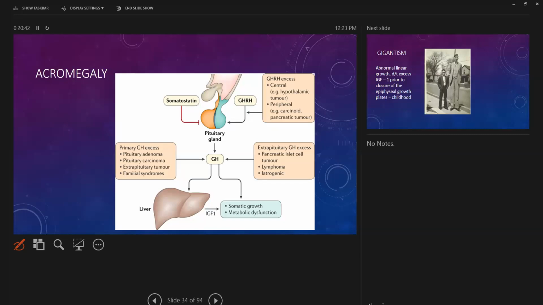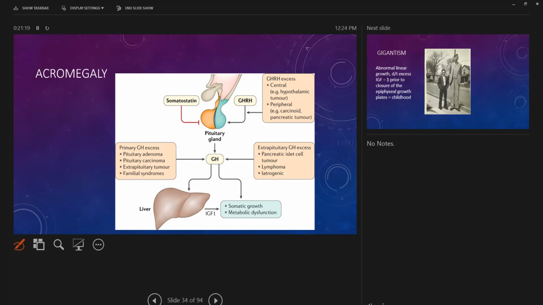So let's look at this. Somatostatin is made in the hypothalamus, but in the anterior pituitary here, we've got growth hormone. What growth hormone does is it acts in two different portions. It can act in the central portion of the brain, which would be the hypothalamic portion. If you have a central GH problem, it can be from a hypothalamic tumor. If you have a peripheral problem, it can be from a tumor in the pancreas.